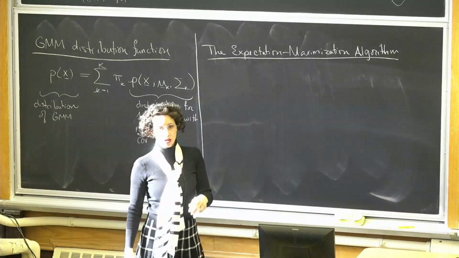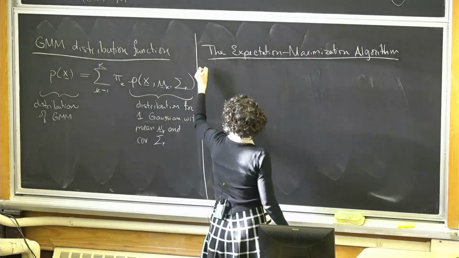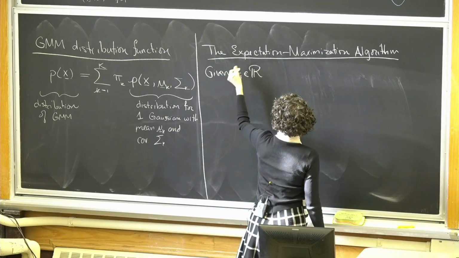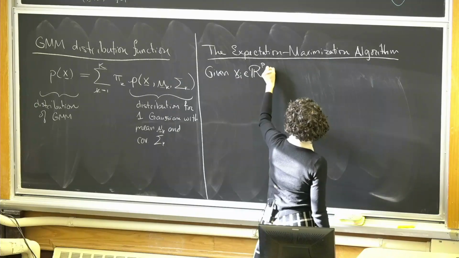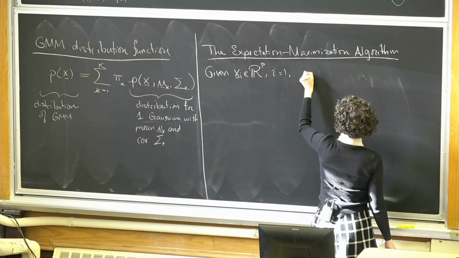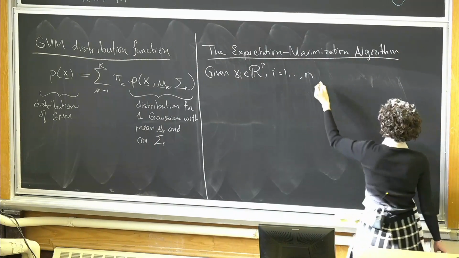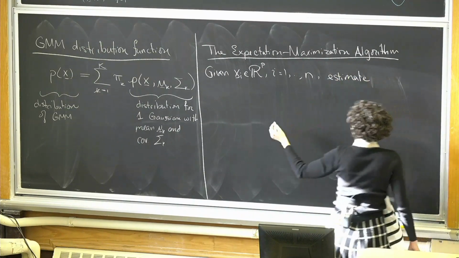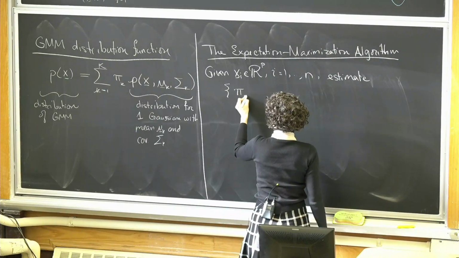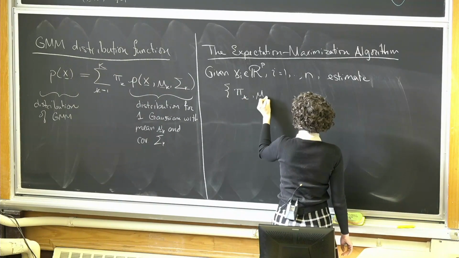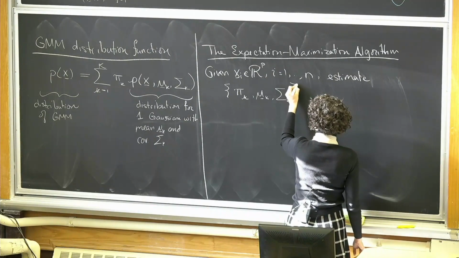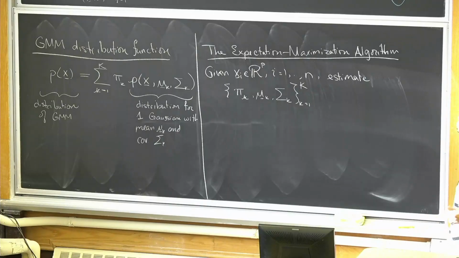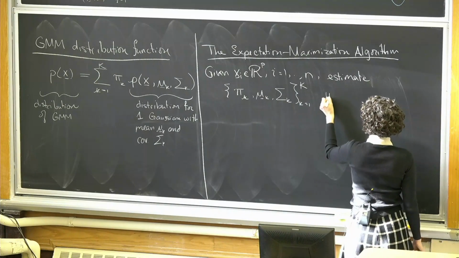Okay, so given a whole bunch of different points in p dimensions from i equals 1 to n, we want to estimate the collection of pi k's, mu k's, and sigma k's for k equals 1 to capital K that maximize the likelihood.